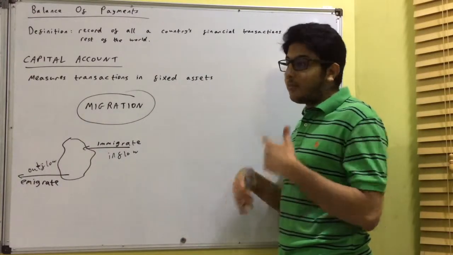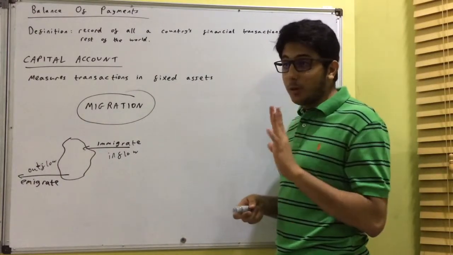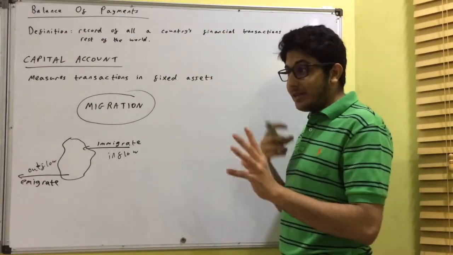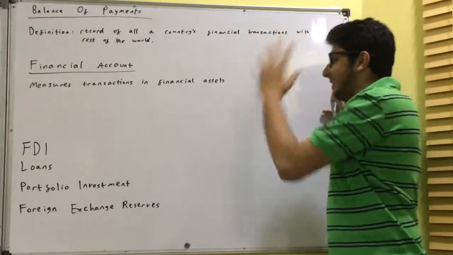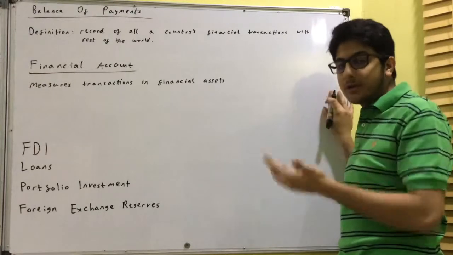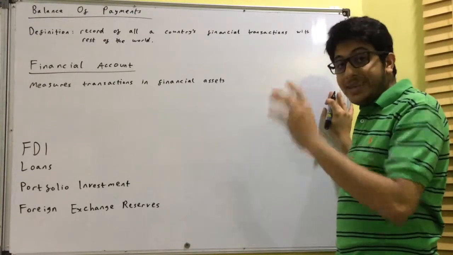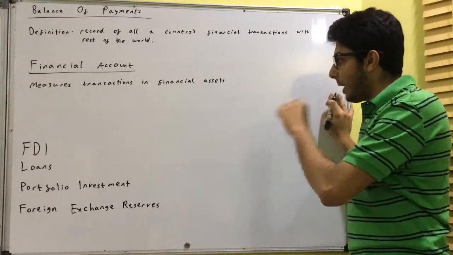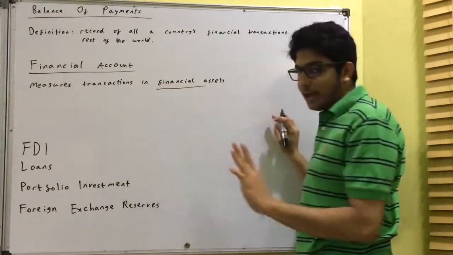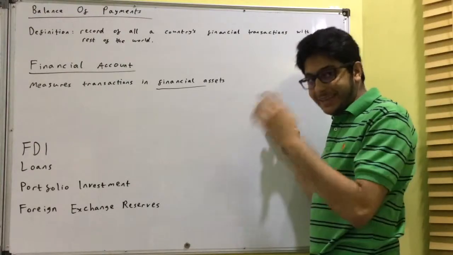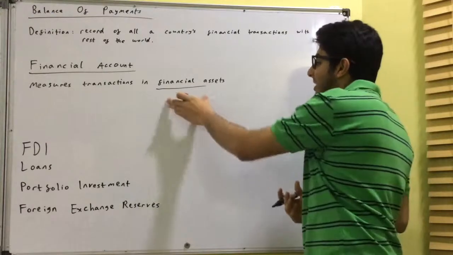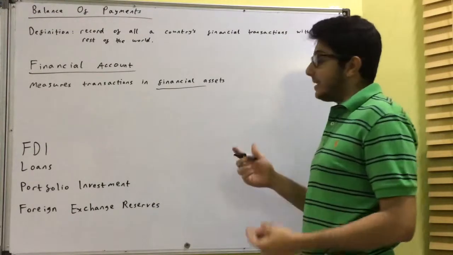So we're going to go to the financial account now, which is much more important, especially when you see the link between the financial account and the current account. So the financial account, not the capital account, okay? The name changed a couple years ago, so if you have any old textbooks, be wary of this. The financial account measures transactions in financial assets, not fixed assets like the capital account. So what's the difference between financial assets and fixed assets?